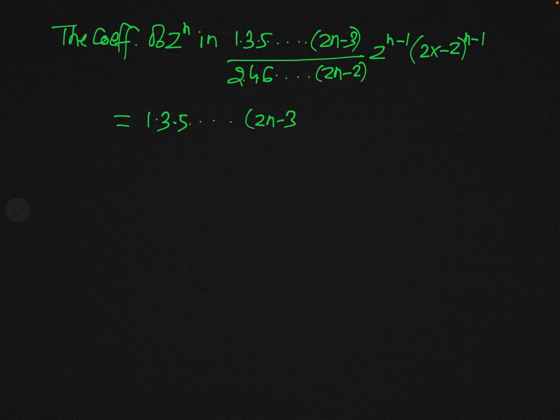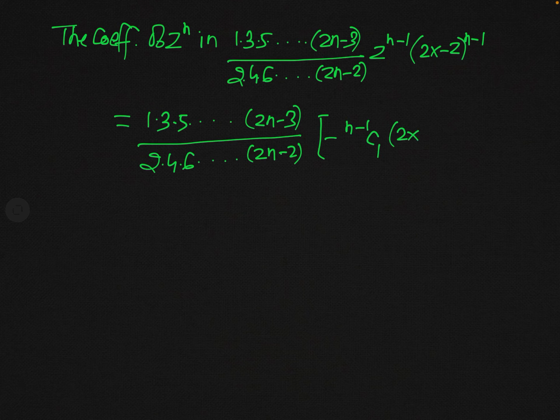You can see this is simply 1 into 3 into 5 into so on into 2n minus 3, divided by 2 into 4 into 6 into 2n minus 2, and from the binomial theorem you know here will be minus n minus 1 c1 and 2x to the power n minus 2.